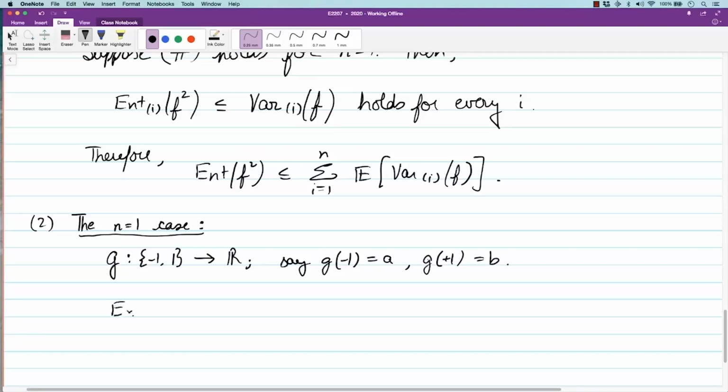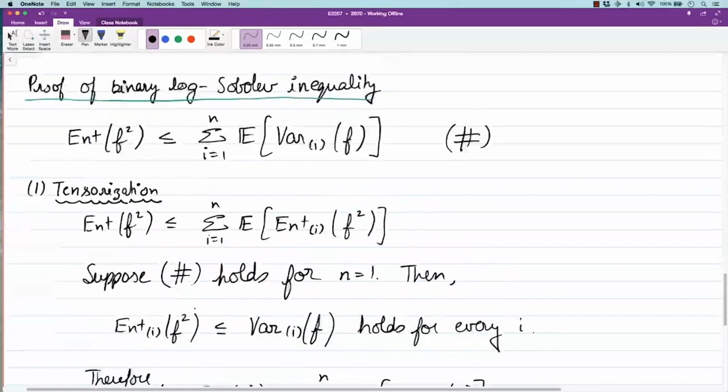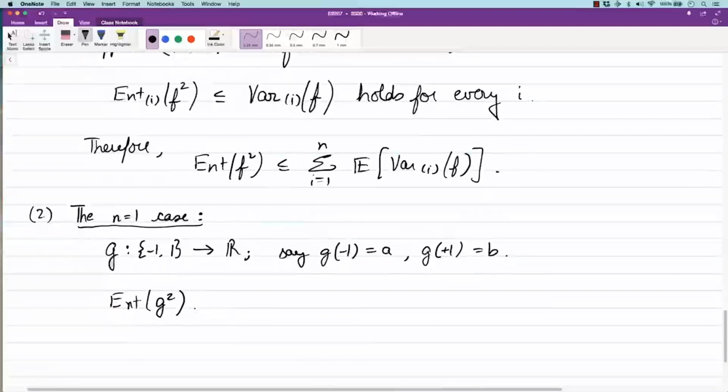Then the entropy of g square, for n equal to 1, is equal to the expected value of g square log g square.